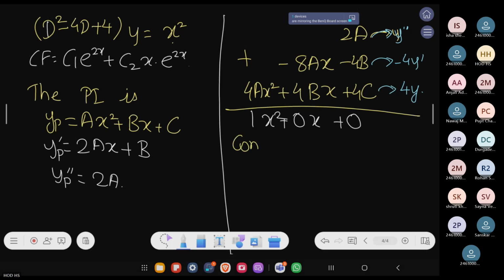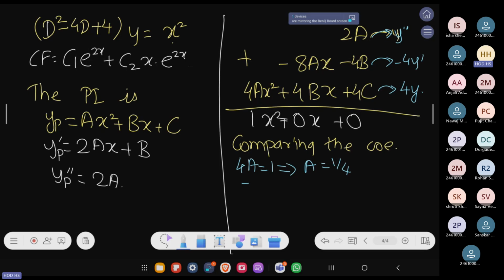Comparing the coefficients of x square, I will get 4a is equal to 1, which will give me the value of a as 1 by 4. Now I will compare the coefficient of x.